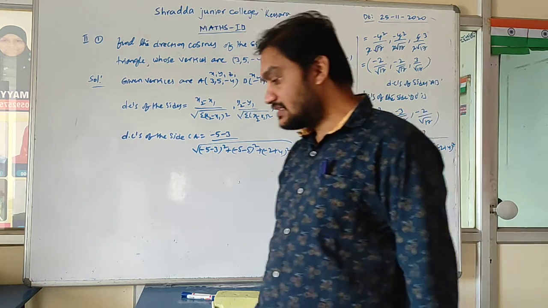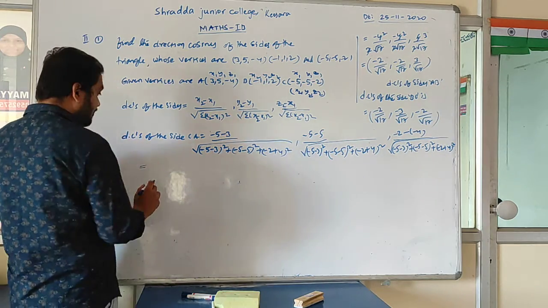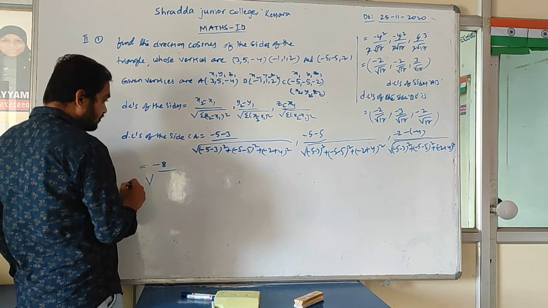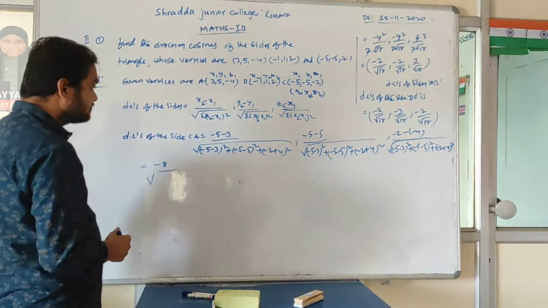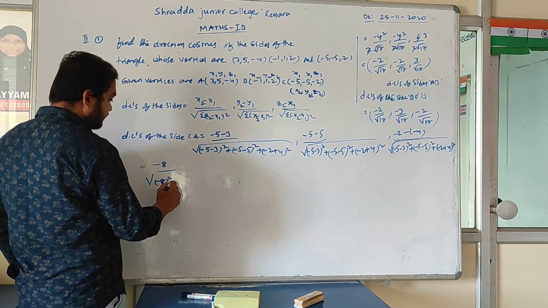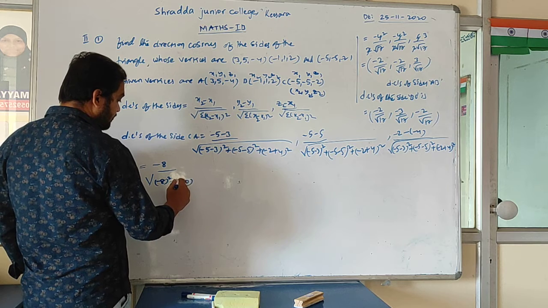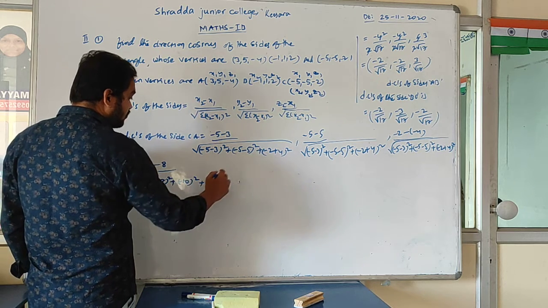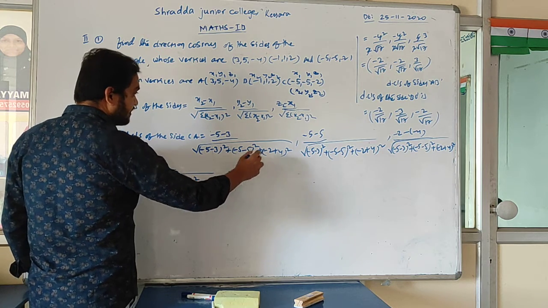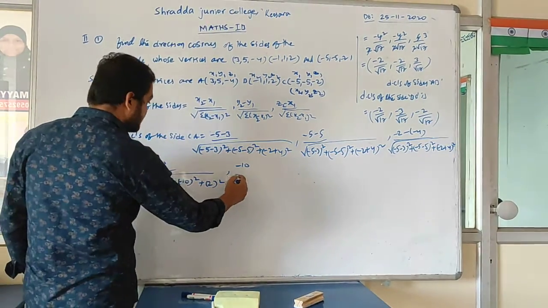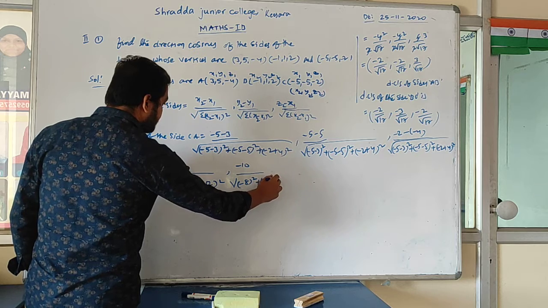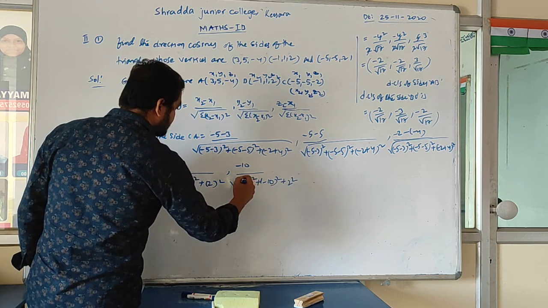So this is equal to minus 5 minus 3, that is minus 8, by the square root of: minus 5 minus 3 is minus 8 square, minus 5 minus 5 is minus 10 whole square, and minus 2 plus 4 is 2 square. Next, minus 5 minus 5 is minus 10, over the square root of minus 8 square plus minus 10 square plus 2 square.